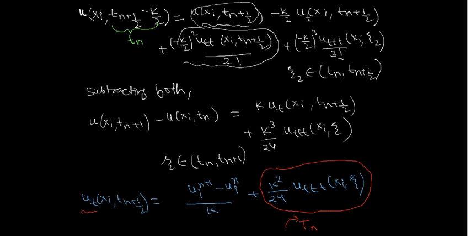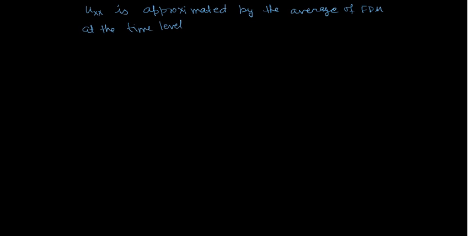So let us now approximate u_xx. This u_xx is approximated by the average of the finite difference method at the time levels T_n and T_n plus 1.